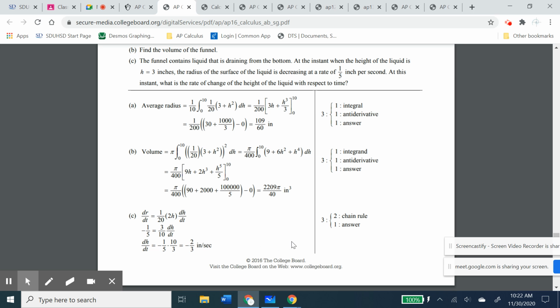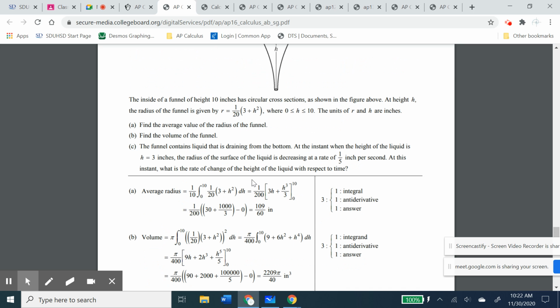You do have to put in units, but they tell you when. They will say include units in your answer. Specifically, they will tell you that in the part, like in part A. If they wanted units, they would have said find the average value of the radius of the funnel and then include units in your answer would be said right after that.